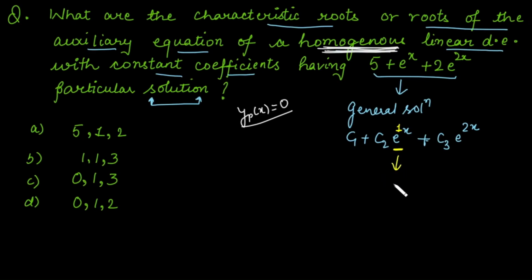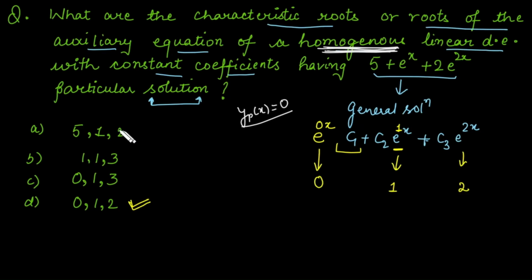So from here one root is 1. From here the second root is 2. But what is the root of the auxiliary equation for the constant? We have the constant term when we have e raised to power 0 into x. So from here we can say that one of the roots of the auxiliary equation is 0. So 0, 1 and 2 are the roots, and hence option D is correct.